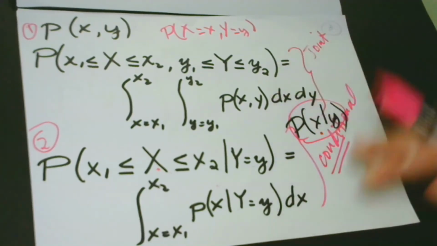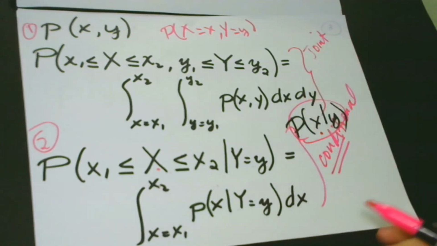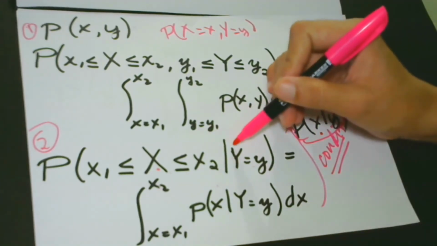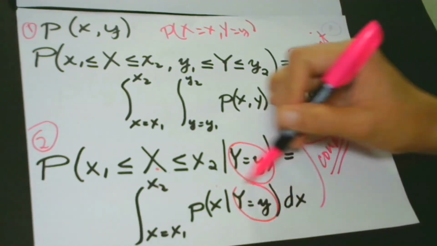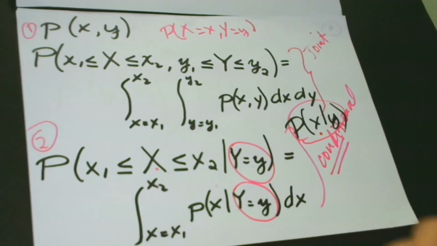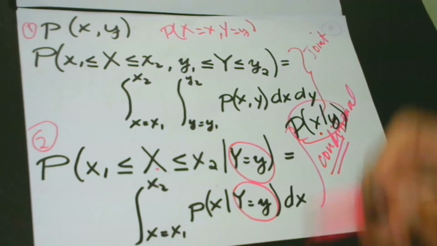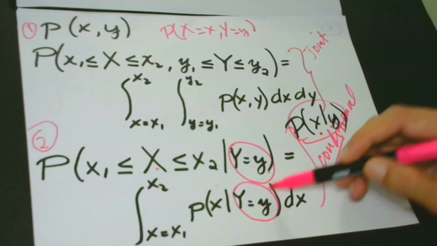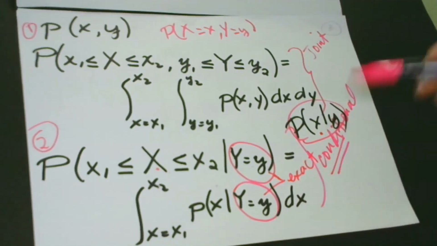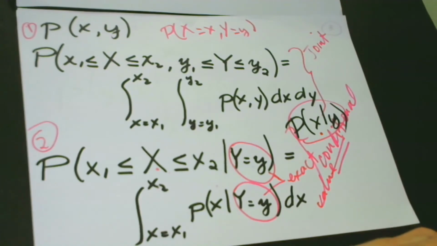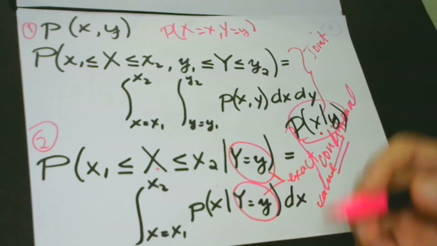So here the condition is an exact value. Again, our condition here is y. So this is our condition. So this is the exact value. Okay, so maybe at this point you would like to ask me, why is it that there is an exact value?